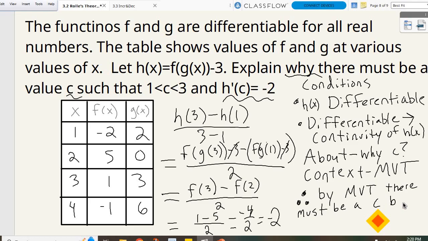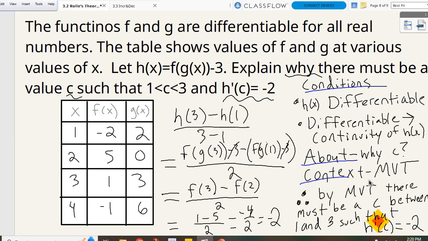Yeah, so C between 1 and 3 such that h prime of c equals negative 2. So like, here are my conditions, my about, my context. Here was our statement of our theorem. Our time was between 1 and 3.